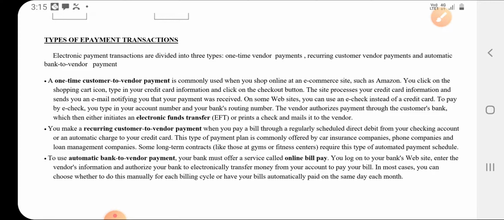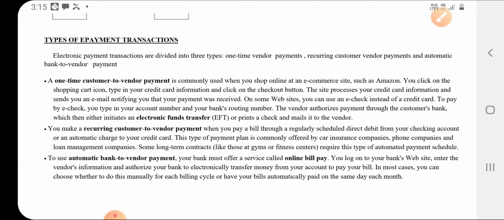Okay, so this is commonly used when you shop online at an e-commerce site such as Amazon. You click on the shopping cart icon, type in your credit card information and click on the checkout button. The site processes your credit card information and sends you an email notifying that your payment was received.